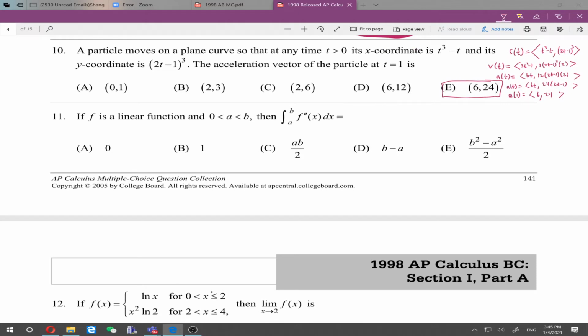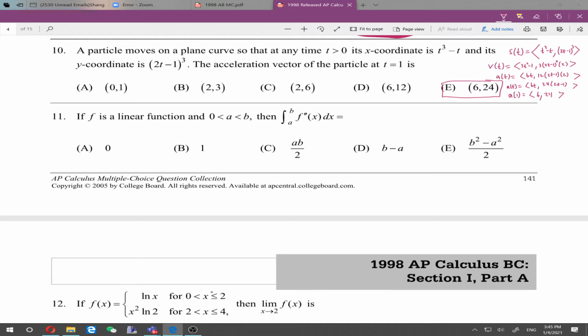Okay, a little bit harder. We're told that f is a linear function where 0 is less than a is less than b. And I want to know what's happening for our integral from a to b of the second derivative.